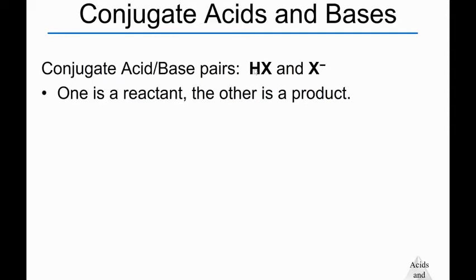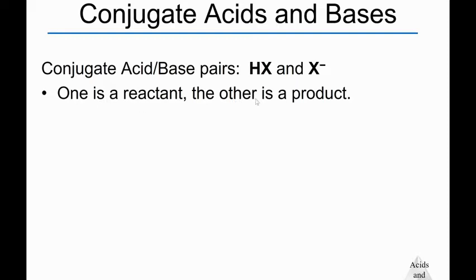Conjugate acid-base pairs. Often you'll see this HX and X-. Now, HX is your acid and X- is your base. On one hand, we have our proton donor in the HX, and we have X-, which is going to be our proton acceptor.